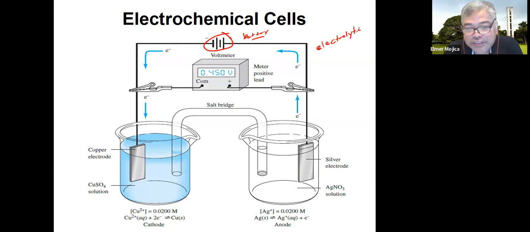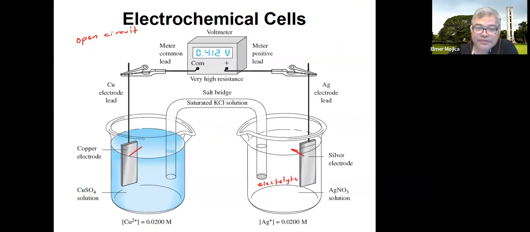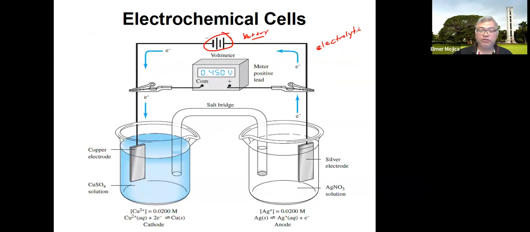But look at the composition. Is it the same as the previous two? If you look at the previous two, you have a silver electrode and silver nitrate, a copper and a copper sulfate. If you look at this, they're the same. But now, look at the flow of the electron.